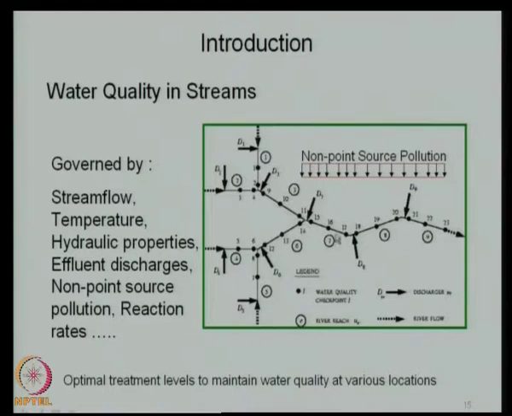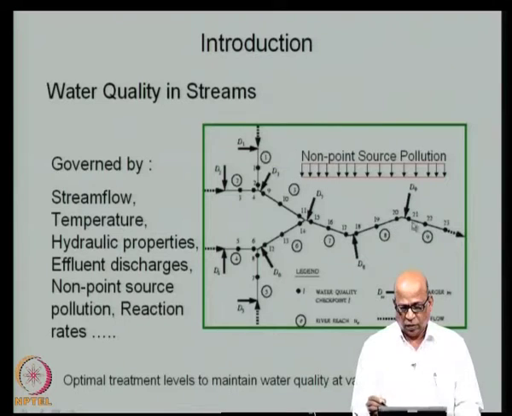For example, this is a stream network where you have a large number of point sources of pollution. D1, D2, D3, etc., are all the point sources of pollution. As I said, it can be industrial effluent, it can be municipal effluent and so on. And these numbers here, 15, 16, 17, etcetera, that I have shown are the checkpoints where you would like to maintain the water quality.